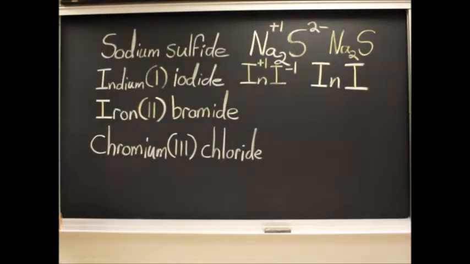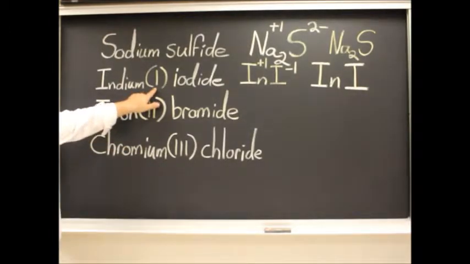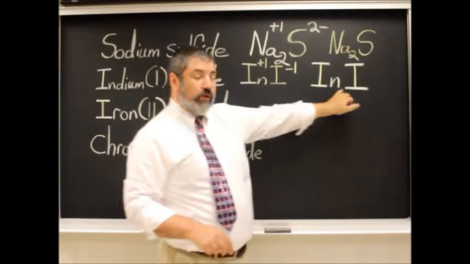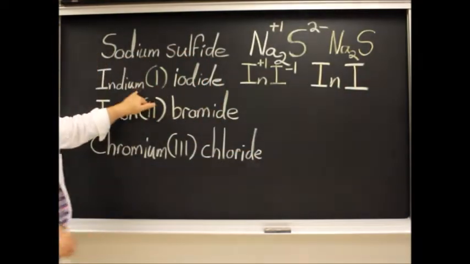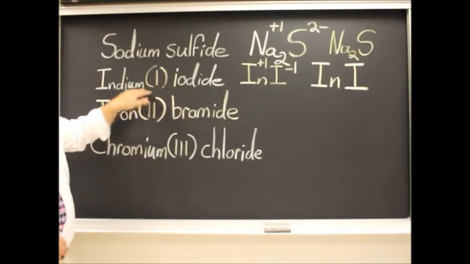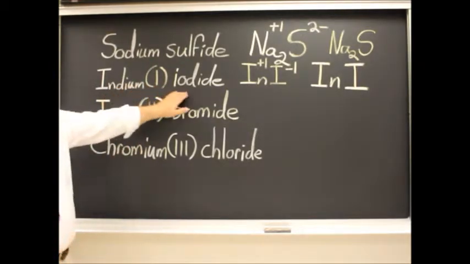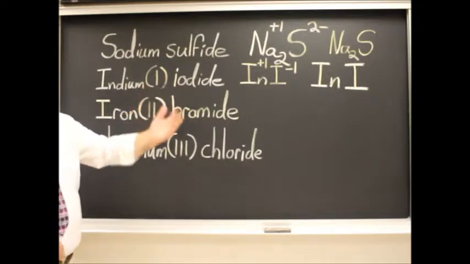You don't have to write that out explicitly. If it was indium-3 iodide, then the formula would change. Then it would be InI3. I would either have to give you the formula, and then you would give me the name, indium-1 iodide, or, like I said, give you that information in the name itself. I can't simply say indium iodide, because it could be +1 or it could be +3.